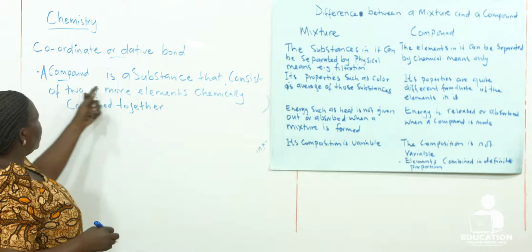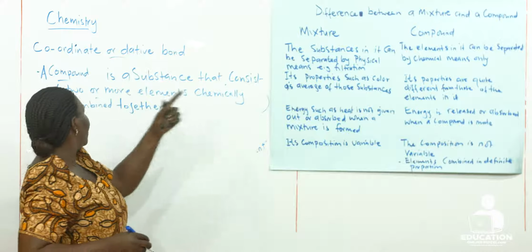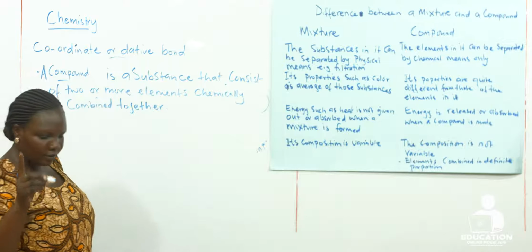A compound is a substance that consists of 2 or more elements chemically combined together.